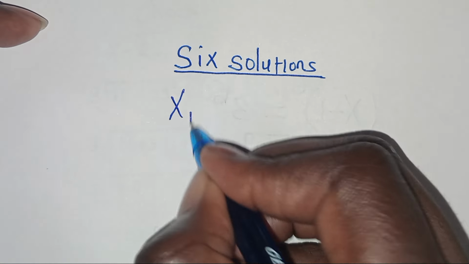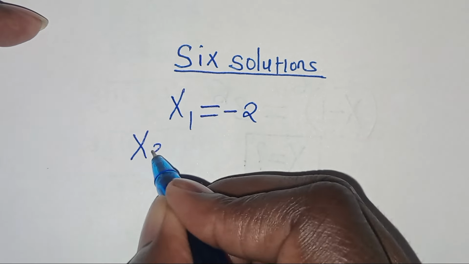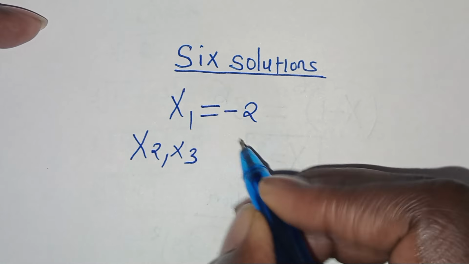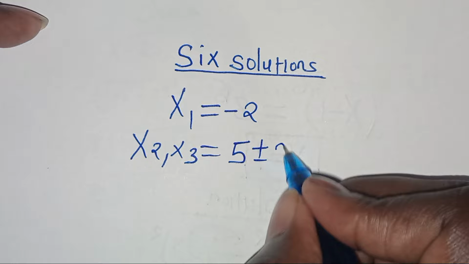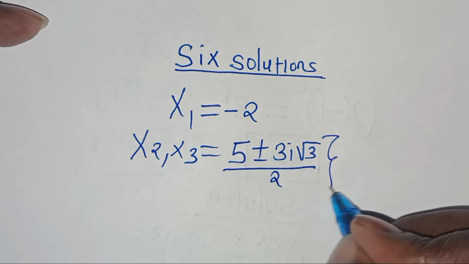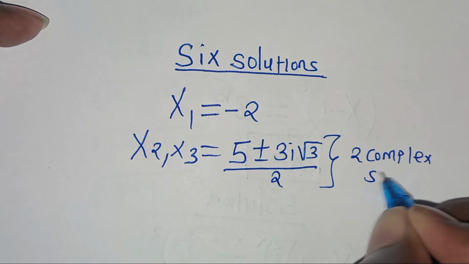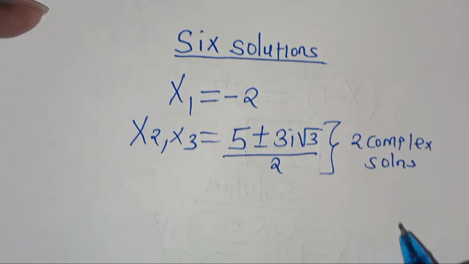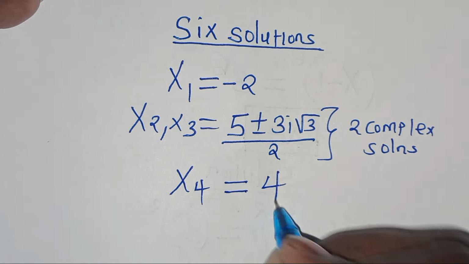We have x1 is equal to minus 2, x2, x3 is equal to 5 plus or minus 3i square root of 3, divided by 2. Remember, these are two complex solutions. Then we have x4 is equal to 4.